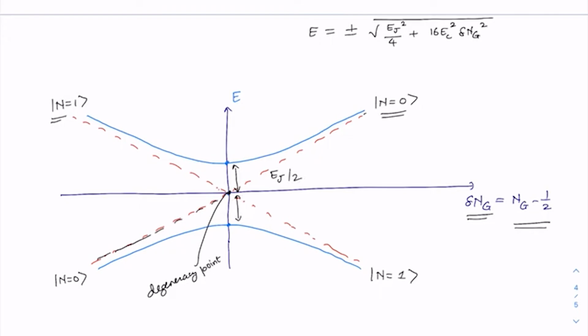This is also EJ by 2, and this particular point corresponds to the state 1 by root 2 (n is equal to 1 minus n is equal to 0), and this one corresponds to the state 1 by root 2 (n is equal to 1 plus n is equal to 0).